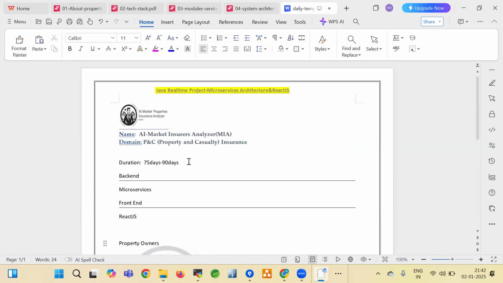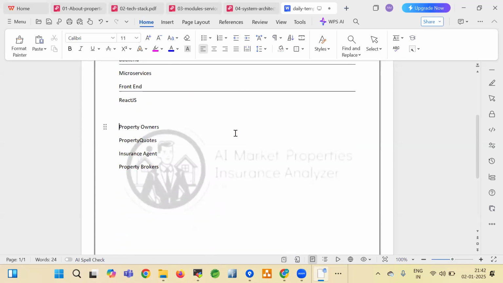So what is MIA dealing with? Usually, if you are a property owner and you have a property, you're going to insure that property. The property owner will look at the market and find out who are the best providers, best insurers, best insurance companies who can provide the property insurance for his needs.